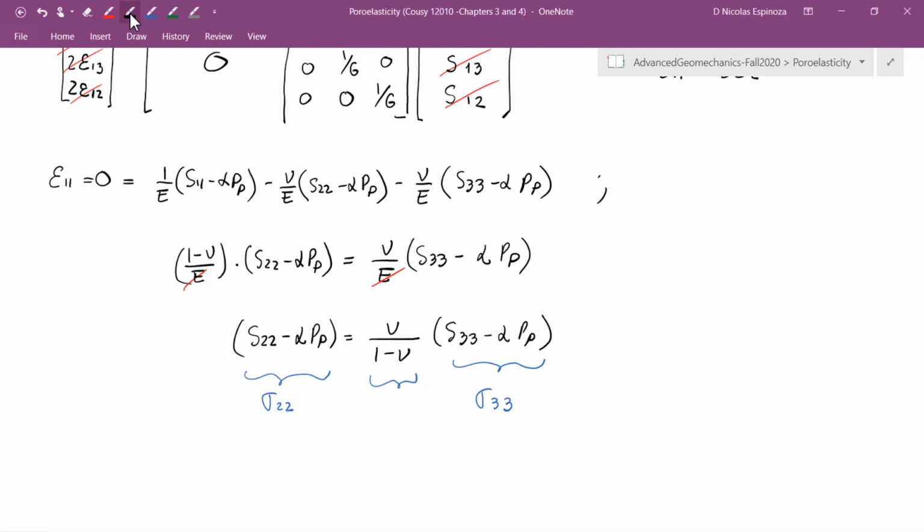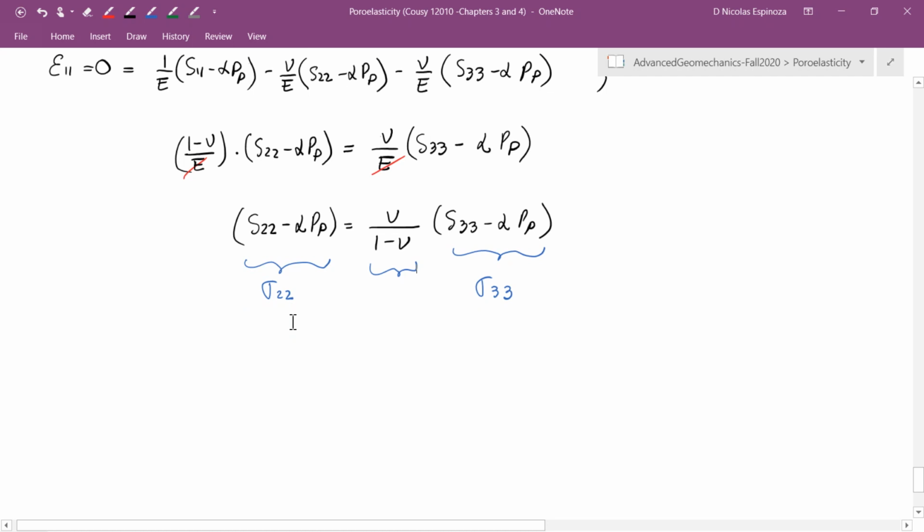Okay, so just taking out now the total stress S22 from here, this is going to be equal to alpha times the pore pressure, so I'm just moving this one to the right hand side, plus Poisson ratio over 1 minus Poisson ratio times (S33 minus alpha pp).